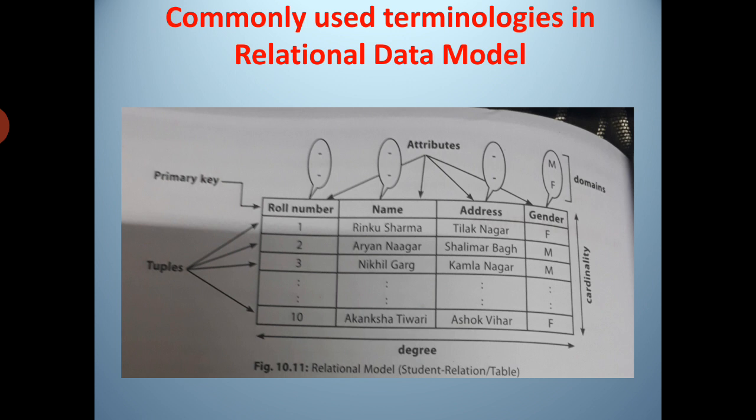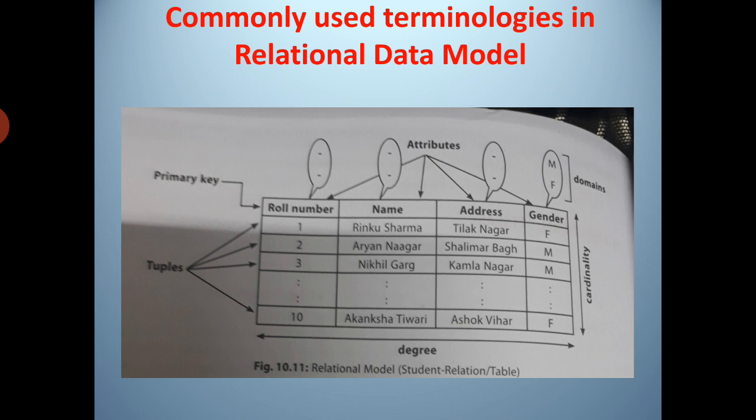A table consists of several records and each record can be broken into smaller entities known as fields or attributes or columns. A set of attributes defines the characteristics or properties of an entity. For example, roll number, name, address.